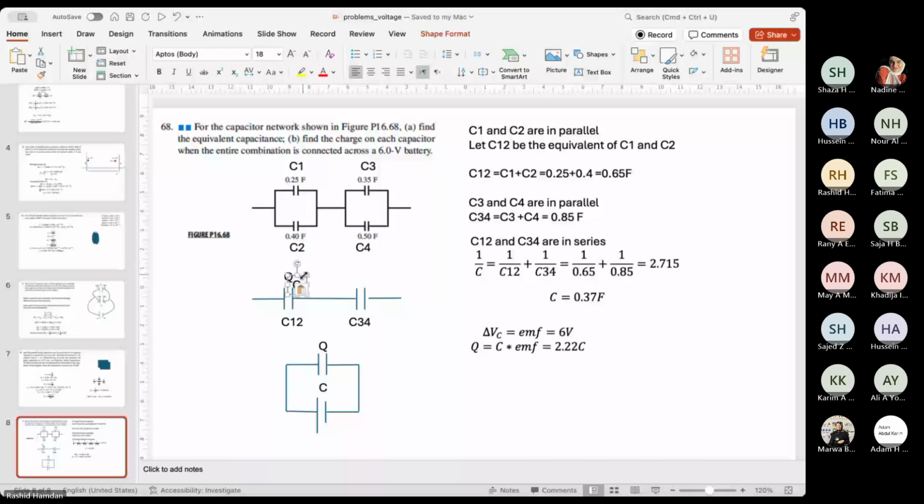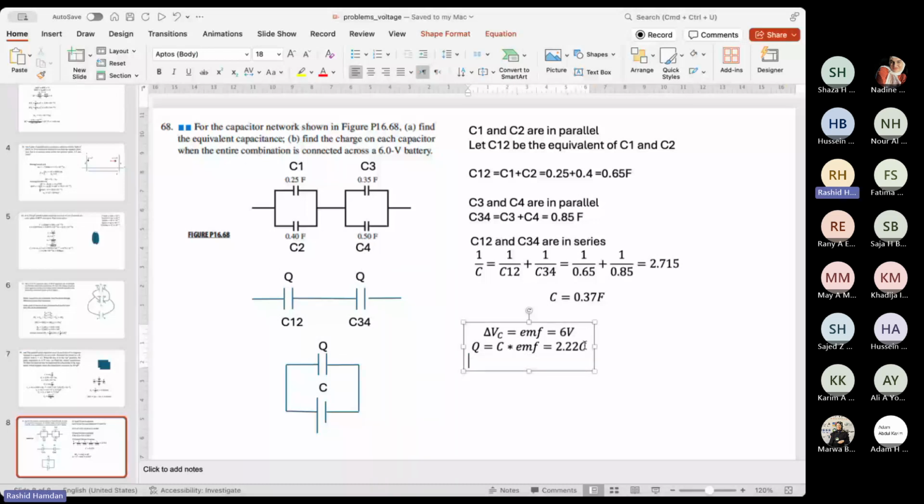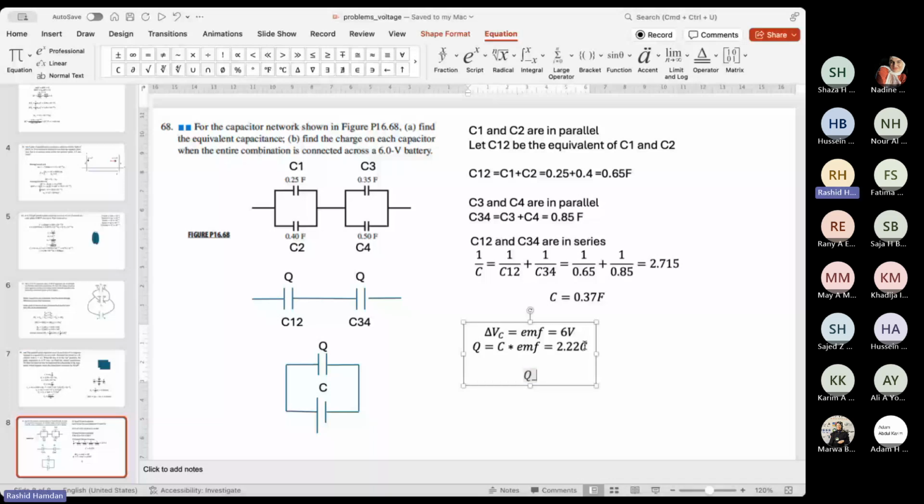So now I can write, I can call it Q12, Q12 equal to Q34 equal to Q equal to 2.22 coulombs.